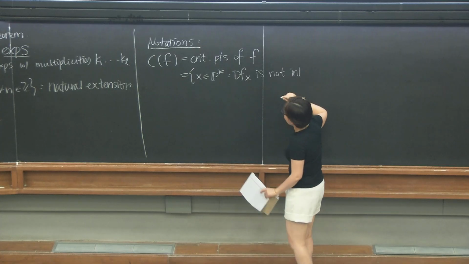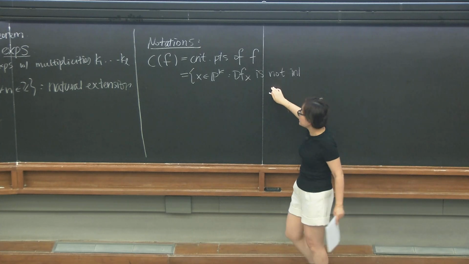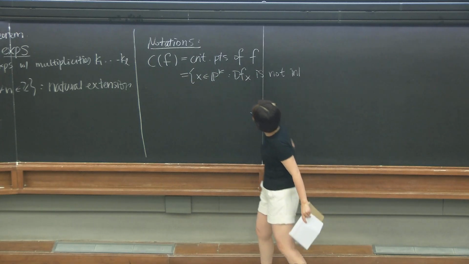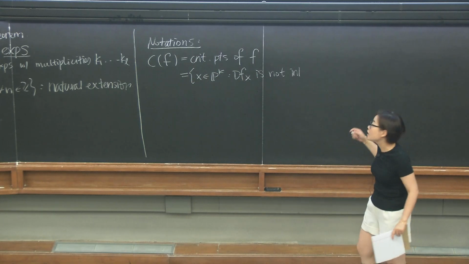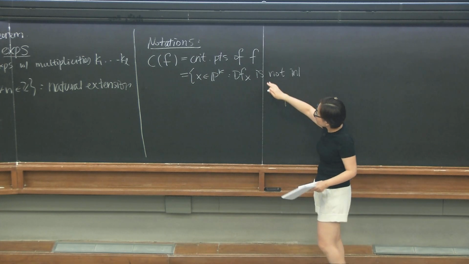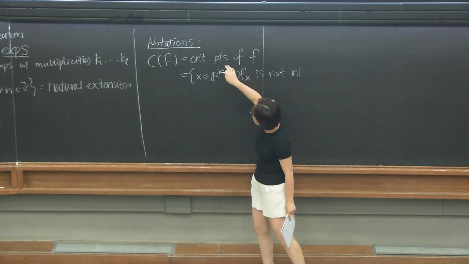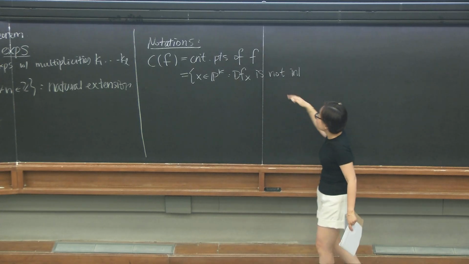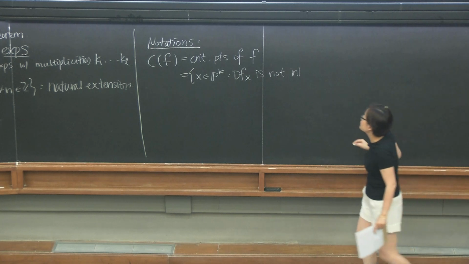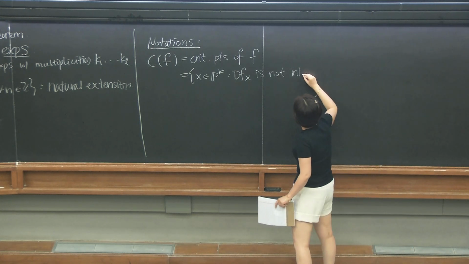And this is a codimension 1 condition. So basically, the set of critical points is a hypersurface in CP^k. In particular, when k equals 1, the situation is simpler: the critical points are a finite collection of points, but in higher dimensions it is a hypersurface.